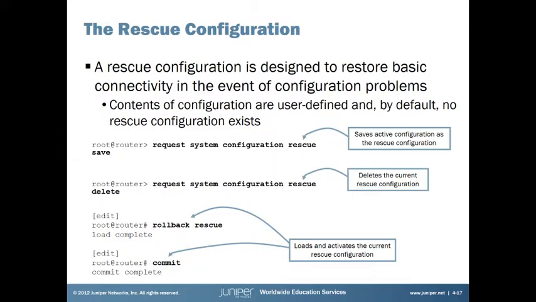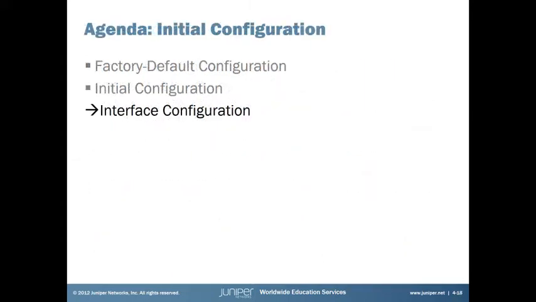So you get a configuration working, you're happy with it, it's all really good, and then you create your rescue configuration. You can delete it, but once you've saved it, you can go back to it with rollback rescue, and then you commit it. That's a really handy little feature.